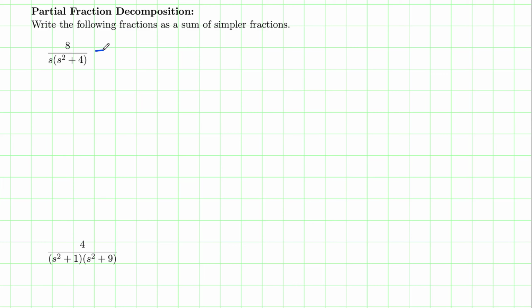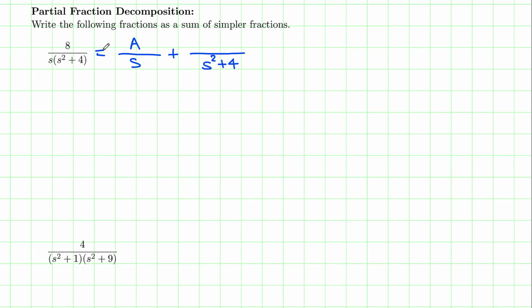So we can write this as just s and the second factor plus 4. It's a linear degree 1, so we just have a constant. So s squared means degree 2, so we need degree 1 on the top.